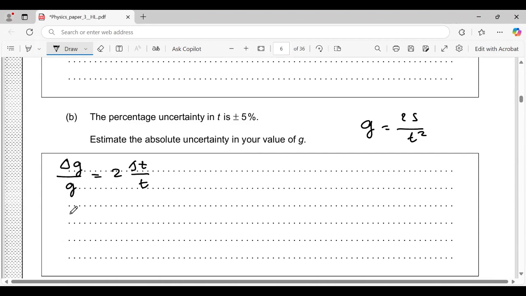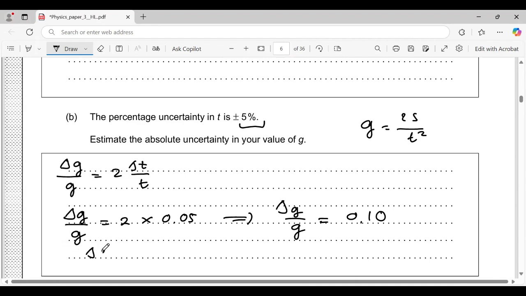So delta g over g equals 2 times 0.05, because of this 5%. So delta g over g is 0.10.